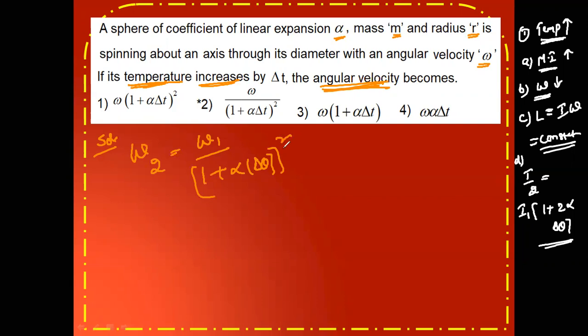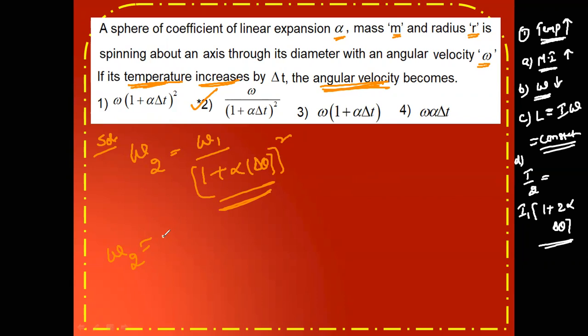This is the formula. It is the exact relation, so directly we can put the options. Sometimes they will give the answer in terms of an approximate formula. Approximate formula means we have to use the binomial theorem.